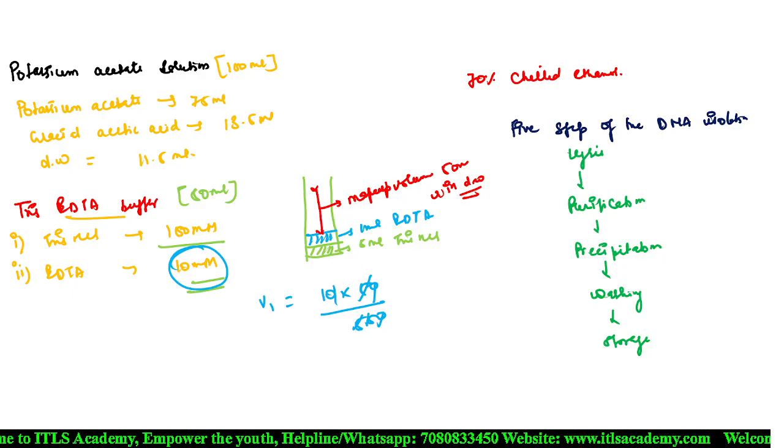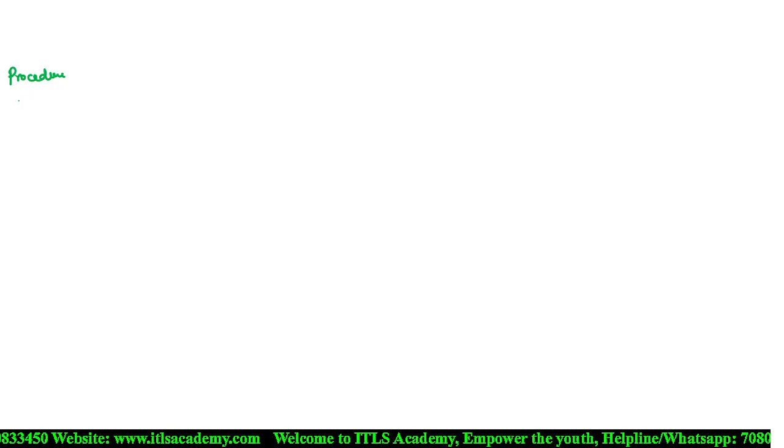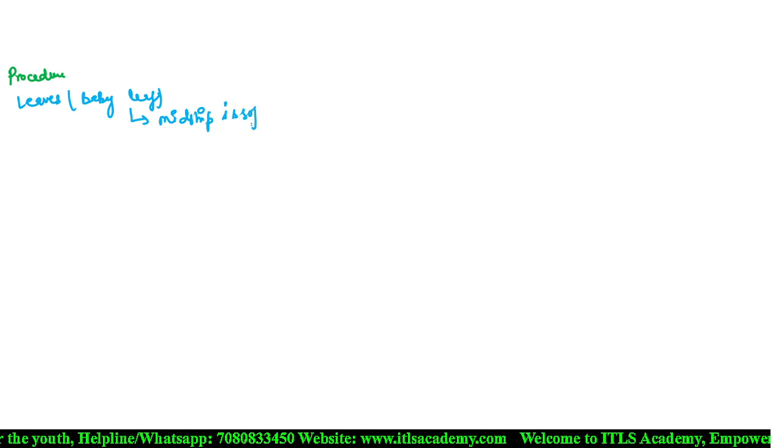Now, we have to choose a leaf for the DNA isolation. So we choose a baby leaf. Why do we choose the baby leaf? Let me tell you. We choose these baby leaves because their midrib is soft. Now, what is the midrib? Suppose that this is your leaf.